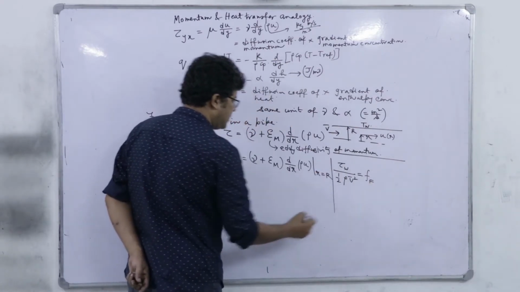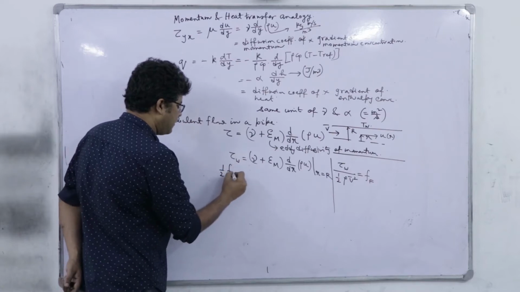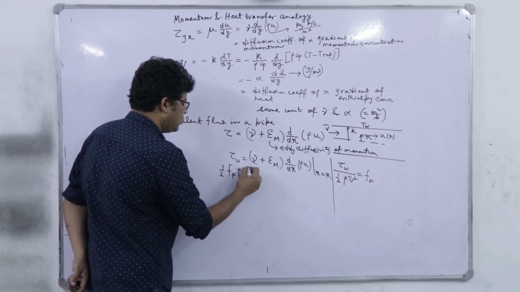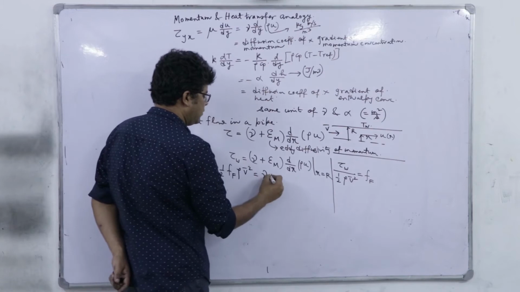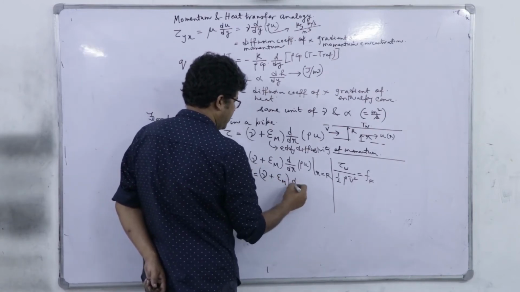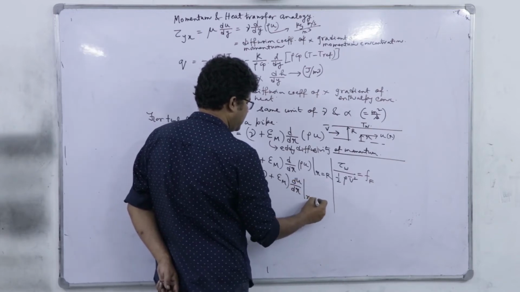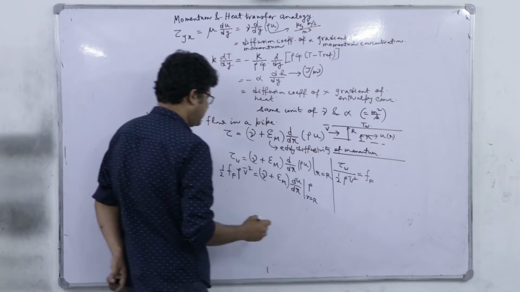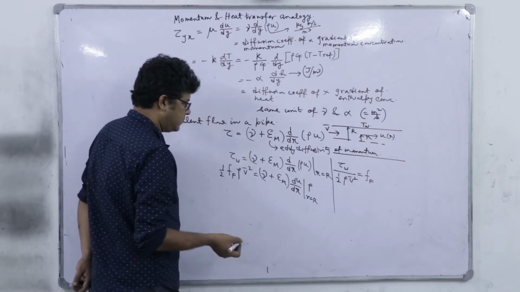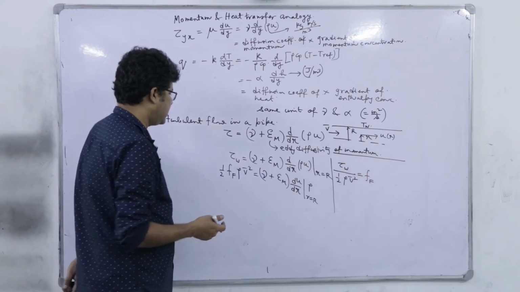So, tau w can be replaced by half of Ff into rho V bar square, which is nu plus epsilon m into d dr of u at r equal to capital R, and let's consider this rho as constant or invariant with this radial coordinate, right.